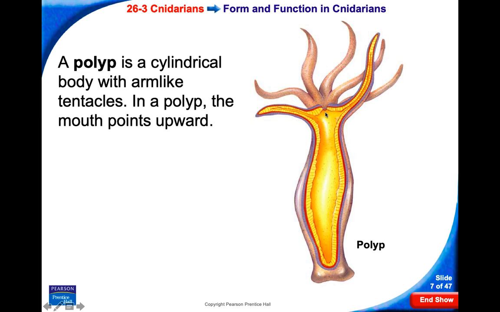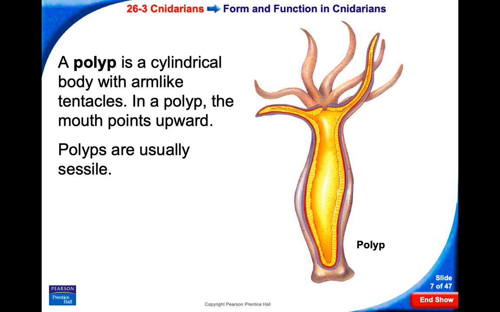So mouths of polyps tend to point upwards, and these tentacles carry food to the mouth to feed the polyp. Polyps tend to be sessile. So remember, sessile means that they're stationary. Once they're anchored in place, they pretty much don't move, just like how sponges are sessile.